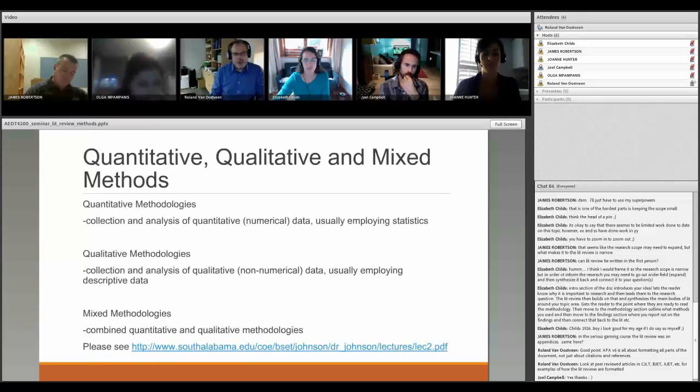Then how do we actually go about looking at this data, and what kind of sense do we make of it? Well, there are quantitative methodologies. Take a look at all those studies that are usually experimental in design. That is, they are manipulating the independent variable and looking at the dependent variable, but it's always done from the perspective of numbers.